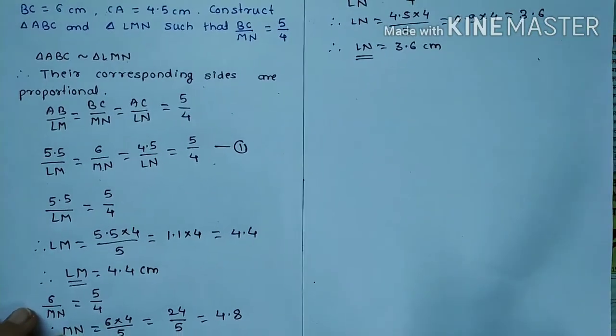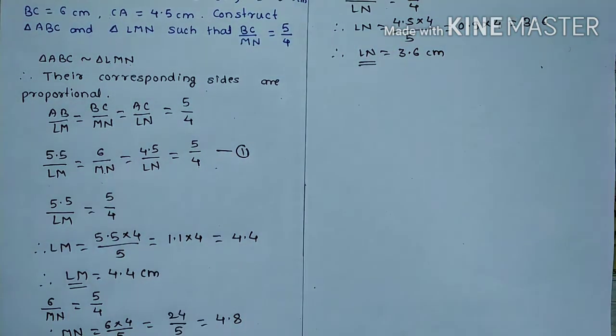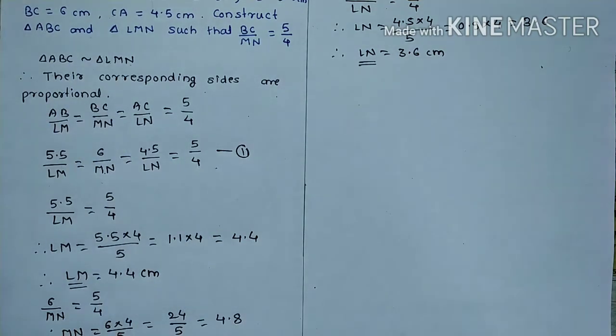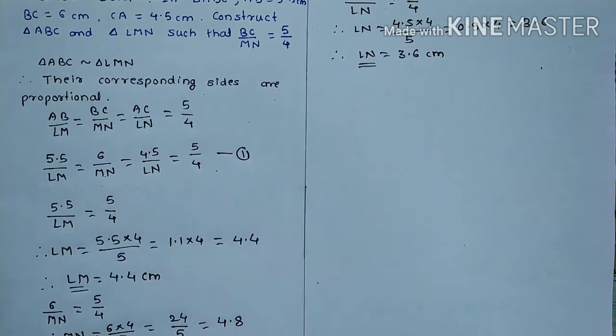So see here how to construct. This construction you have already learned in previous standard. First we construct triangle ABC, then we construct triangle LMN. Length of BC is 6 centimeter.